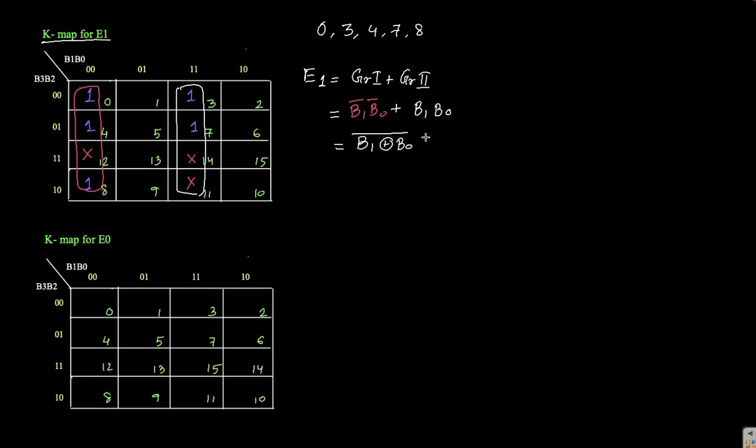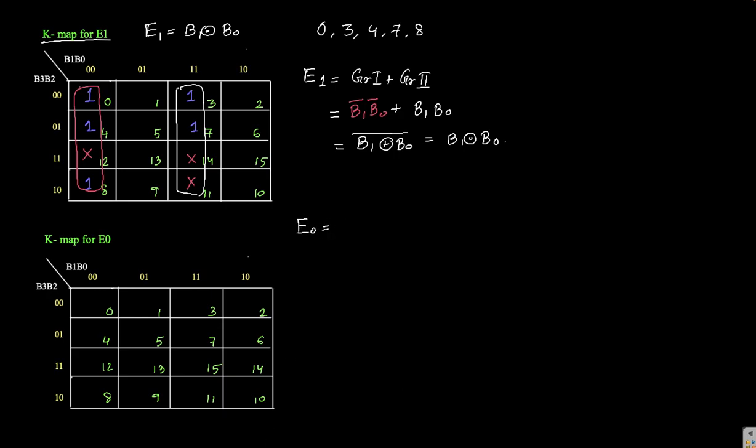That is nothing but B1 XOR B0. So this is your expression for E1. So E1 becomes B1 XOR B0.